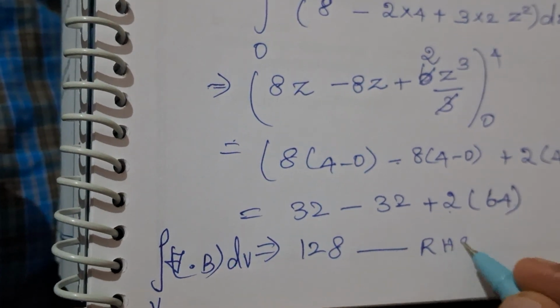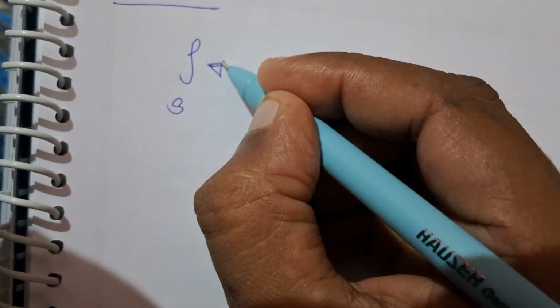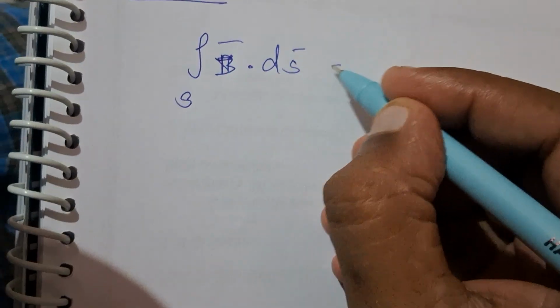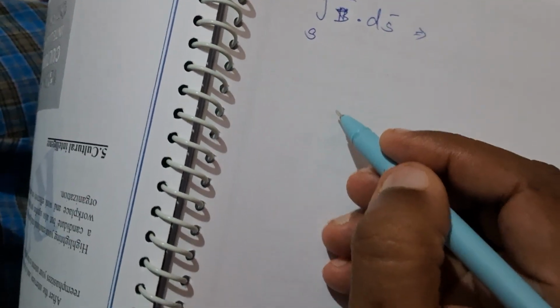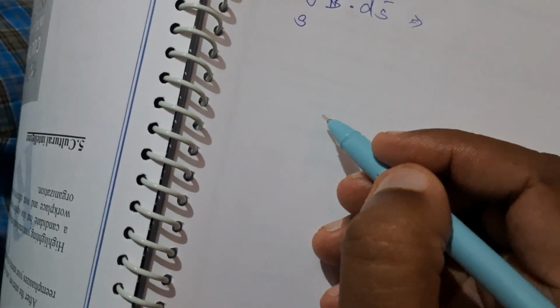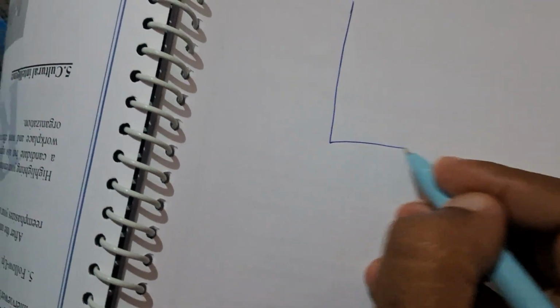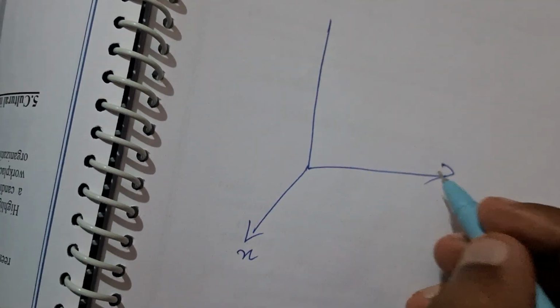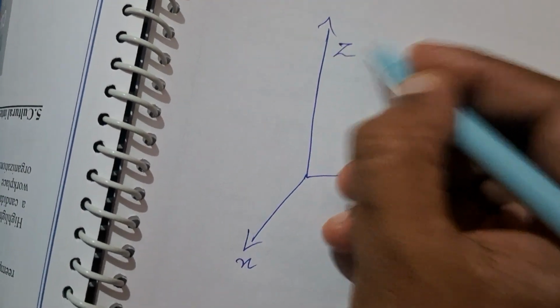This is the RHS. Next we prove the LHS side. What is the LHS? The surface integral of B dot dS. For that we must draw the diagram in Cartesian coordinates x, y, z.